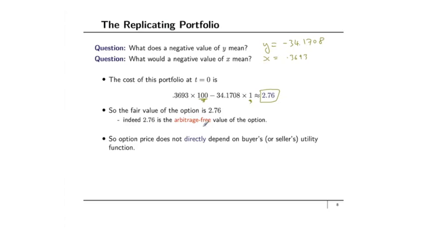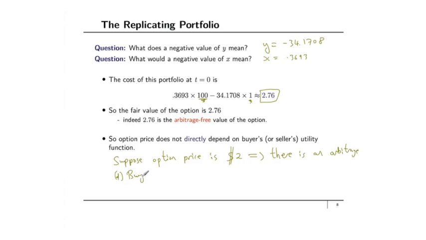To see this, suppose, for example, that the option price in the marketplace is $2, not 2.76. Then there is an arbitrage. How do I know this? Well, here's what I can do. I can do 2 things.